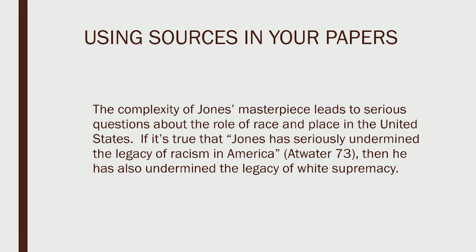For example, here it says, "If it's true that Jones has seriously undermined the legacy of racism in America, then he has also undermined the legacy of white supremacy." That quotation doesn't interrupt what's going on, it simply takes part in the ongoing narrative and allows the narrative to continue smoothly. Then, in parentheses, after the quotation, include the author's last name and the page number of where the quotation is. You don't need any punctuation between the name and the number.